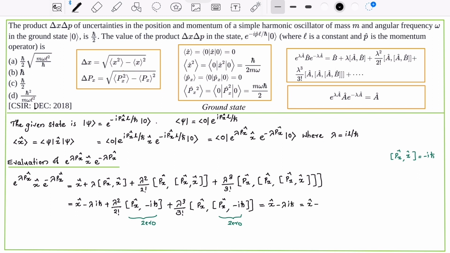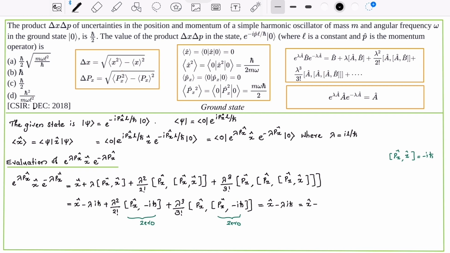Now, what is λ? λ is iL/ħ. Therefore, our answer is x minus (iL/ħ)(iħ), that is equal to x plus L. Once we have evaluated e^(λpx) x e^(-λpx), then substitute, and the expectation value of x is ⟨0|x + L|0⟩, that is ⟨0|x|0⟩ plus ⟨0|L|0⟩.